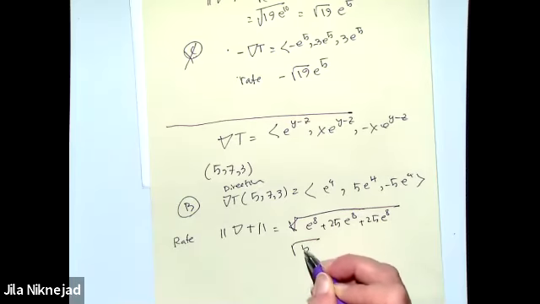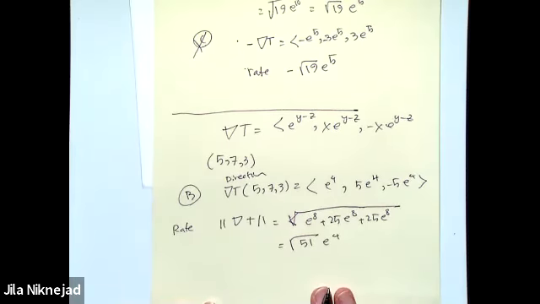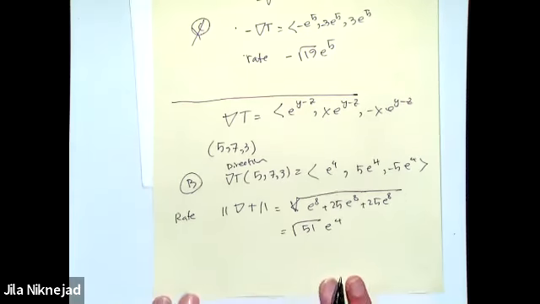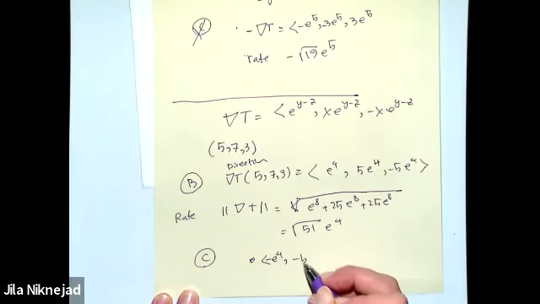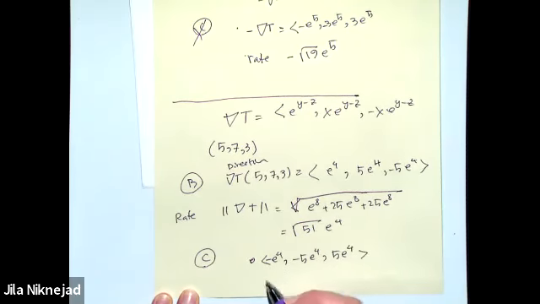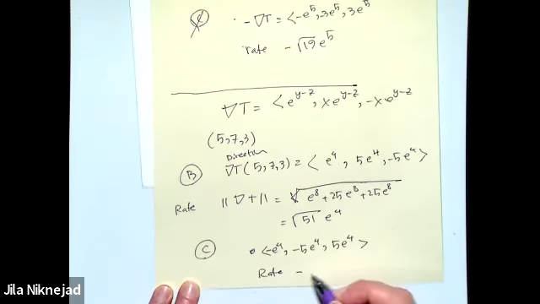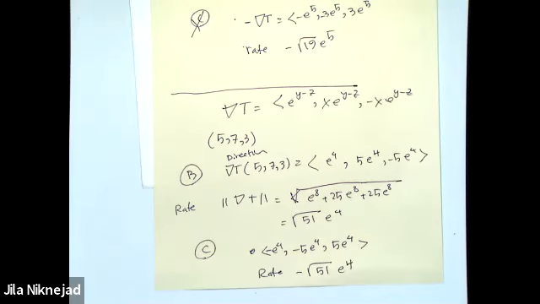That's the square root of 51 e to the power 4. Okay, did I make any error? I think this time I got it. And so for C, the direction is negative e to the power 4, negative 5 e to the power 4, and 5 e to the power 4. And the rate is negative square root of 51 e to the power 4. Sorry about that.